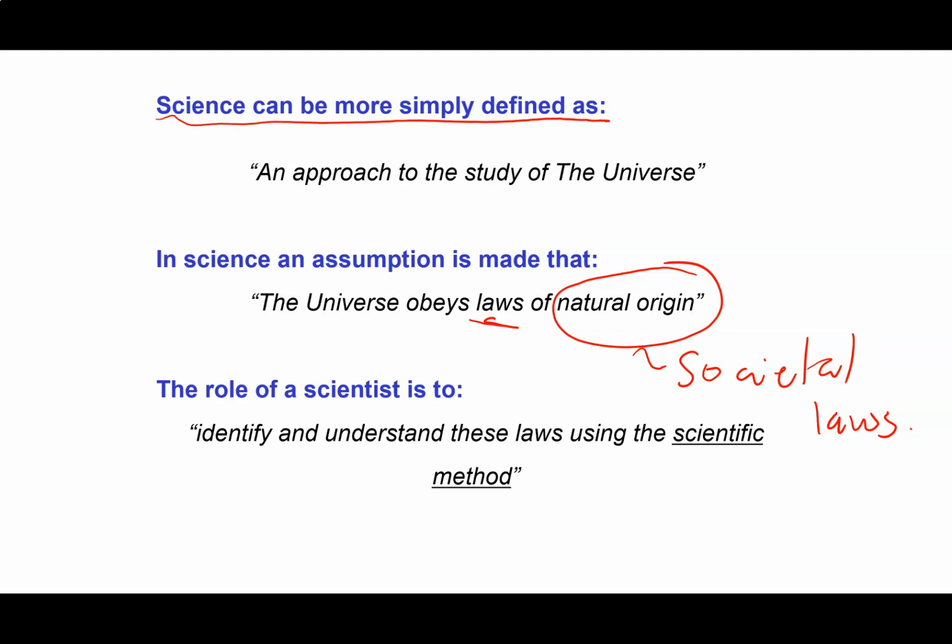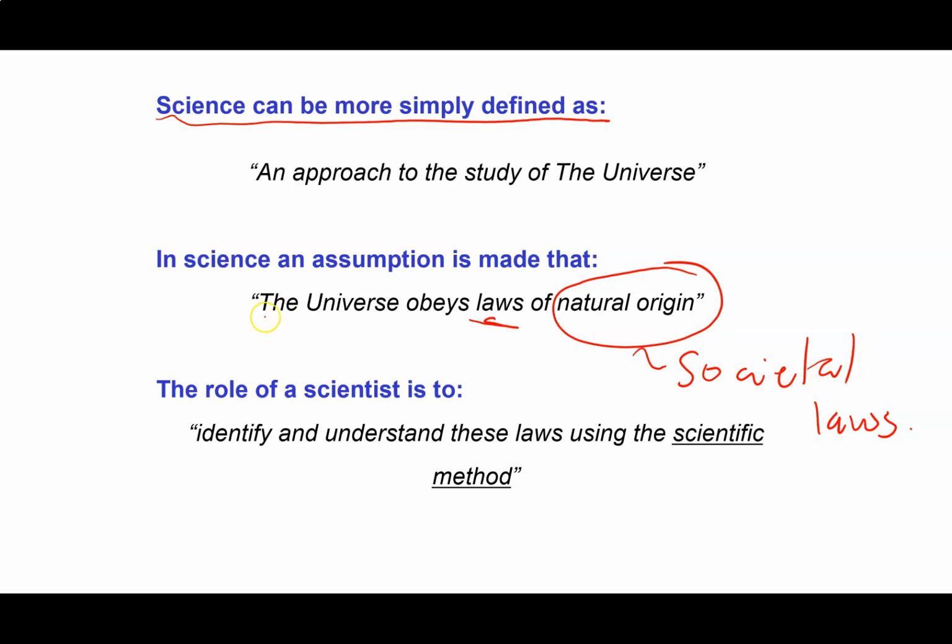They are of what we call natural origin. We didn't create them. We can't destroy them, and we can't change them. Whereas with a societal law, if you don't like it, you can vote out your congressman, or you can appeal the law, and you can work to get it changed. Laws of natural origin are just there. You're just kind of stuck with them, right?